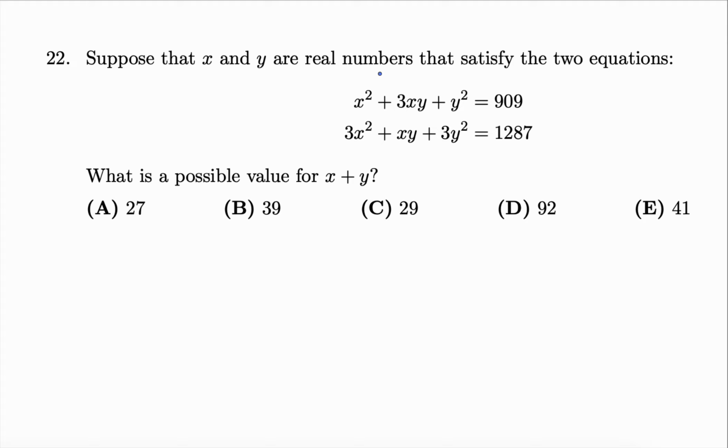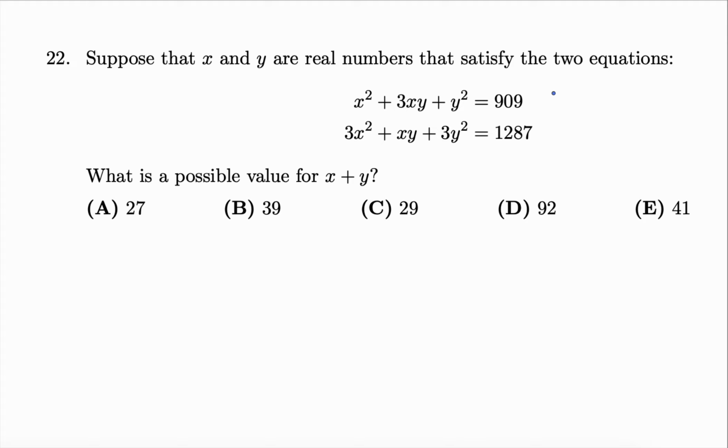So they're real numbers, which means they can be negative infinity to infinity, decimals, anything like that. And they satisfy the two equations: x squared plus 3xy plus y squared equals 909, and 3x squared plus xy plus 3y squared is 1287.